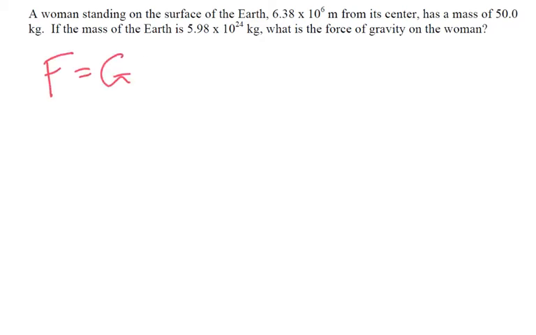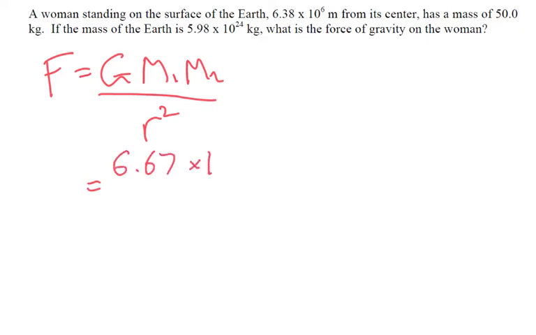F equals G m1 m2 all divided by r squared. So G is 6.67 times 10 to the minus 11 times the mass of the woman, which is 50, times the mass of the earth, which is 5.98 times 10 to the 24.